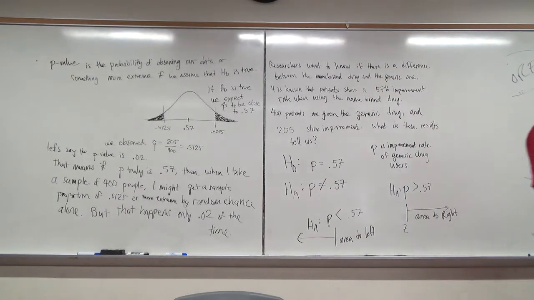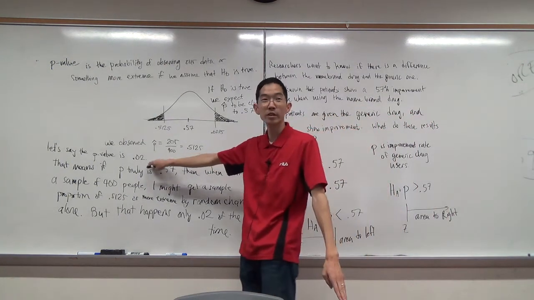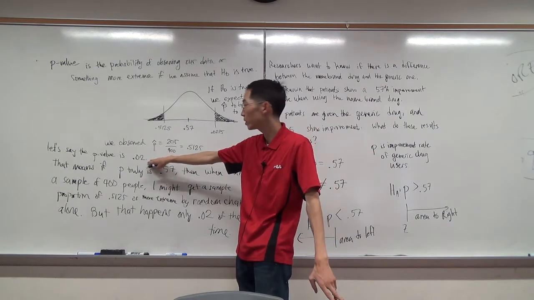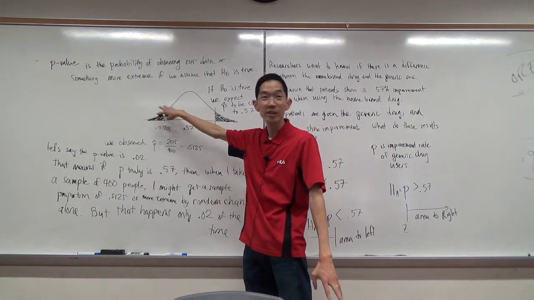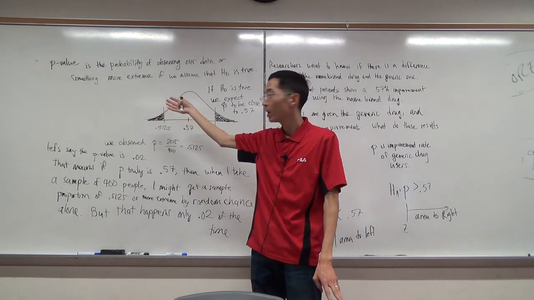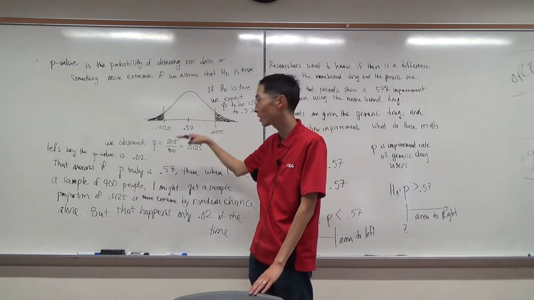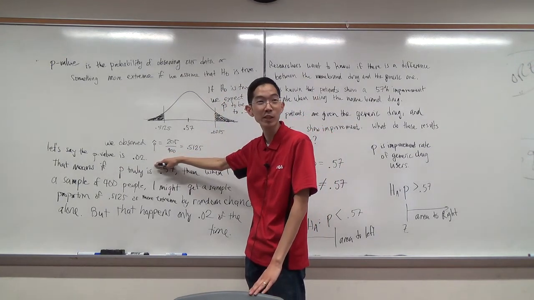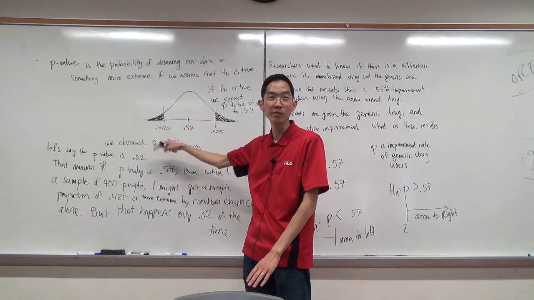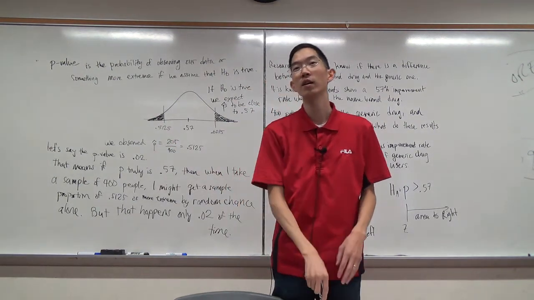Yes? So then is it necessary to calculate your z-score? Well, in order to get this p-value, you need a z-score. This p-value is the area in the tails. And to get the area in the tails, you need the z-score. To save time, I skipped the math and I just said, let's say we got this as our p-value. But to get here, I would have needed a z-score. Yes? So to get to your p-value, you added up the two tails?